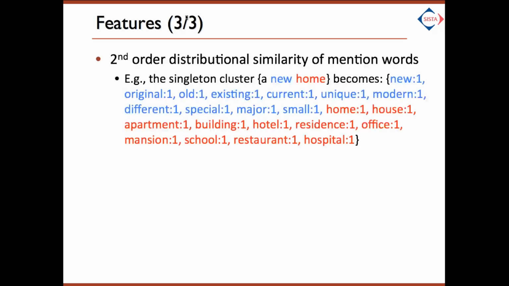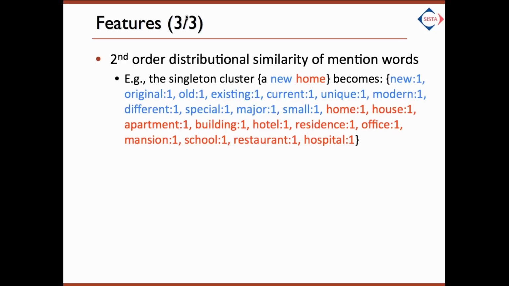Okay, this is essentially a data-driven way of computing synonymity, or semantic relatedness, rather. They're not exactly synonymous. But basically, this was called second-order distribution similarity. Given a mention, there was a distribution of Dekang Lin, who's one of the researchers at Google right now, used to be at University of Toronto, built a distribution similarity thesaurus from web data.